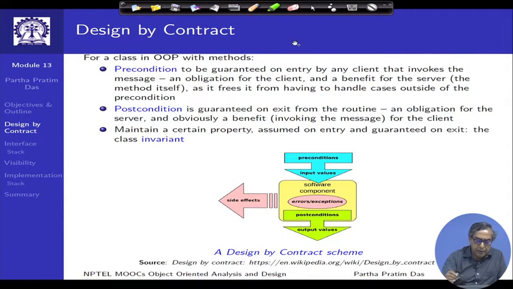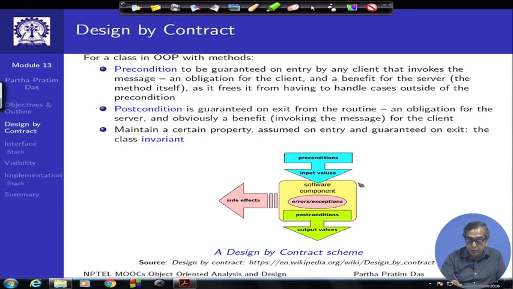Let us see how we apply design by contract more directly into a software design or a class design. Please take a look at this diagram. Here we are talking about a software component which could be thought of as an object. It could also be a simple procedure or a function.